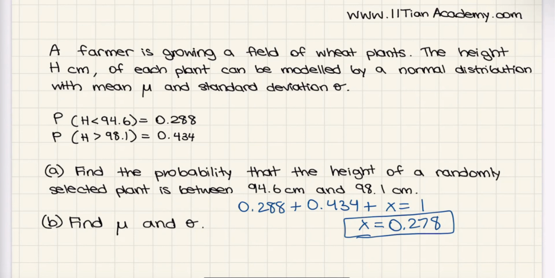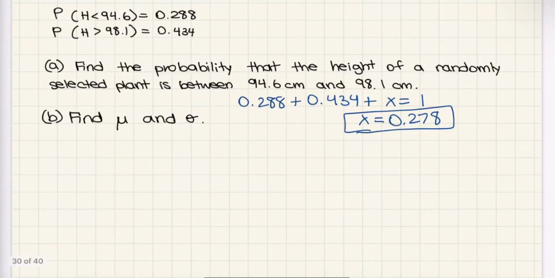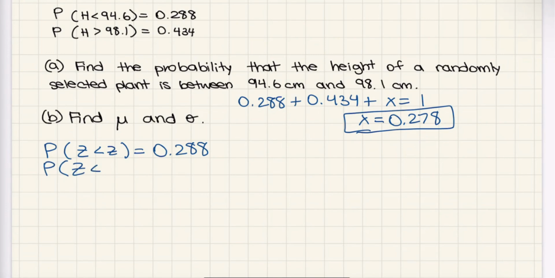So what we need to find on our z-score table is the probability that Z is less than a specific z, being 0.288. And then we need to figure out the probability Z less than z for 1 minus 0.434, right?